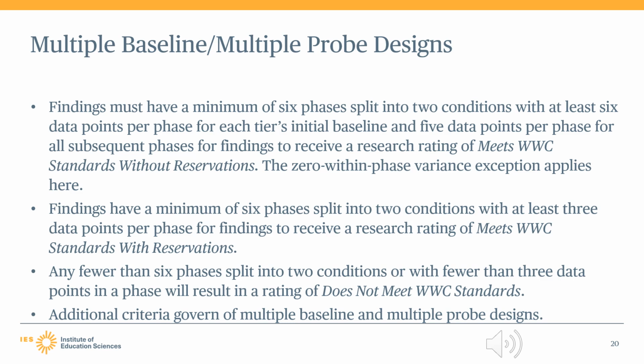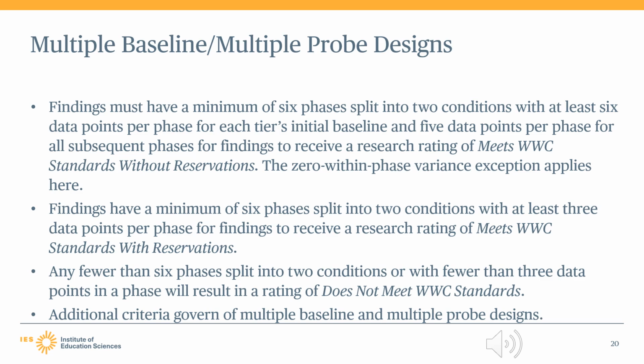For a finding from a multiple baseline or multiple probe design to receive a research rating of meets WWC standards with reservations, the design must have at least 6 phases split into 2 conditions, with at least 3 data points per phase. And any finding from these designs with fewer than 6 phases split into 2 conditions or fewer than 3 data points within a phase will receive a research rating of does not meet WWC standards.